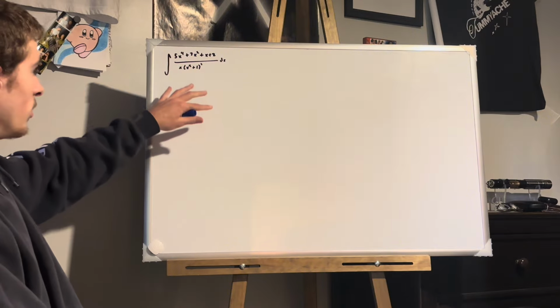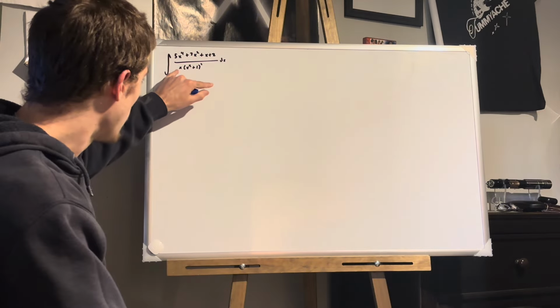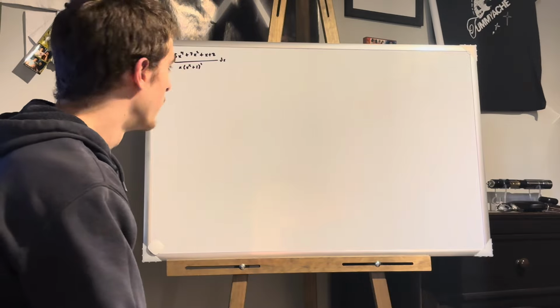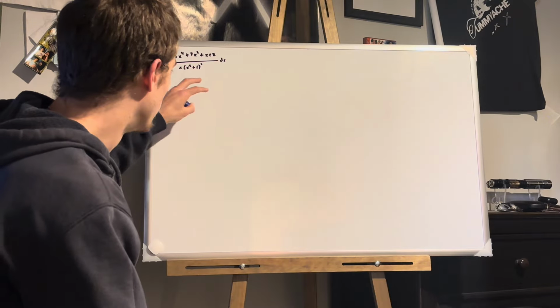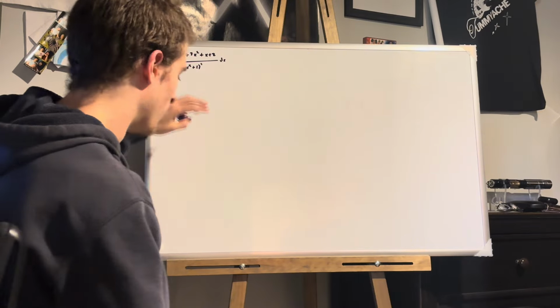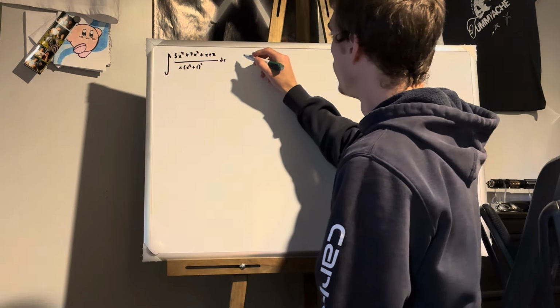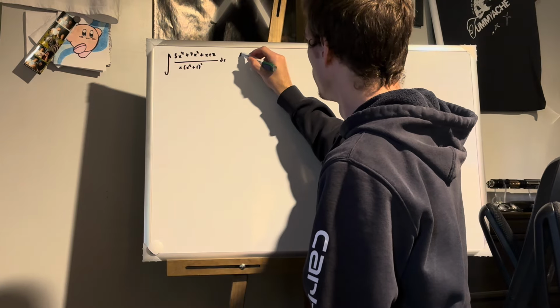What I do with this kind of denominator is treat x like x plus 0. That way, it makes me feel like it's a standard fraction decomp problem. So we're going to write out everything like we normally would.